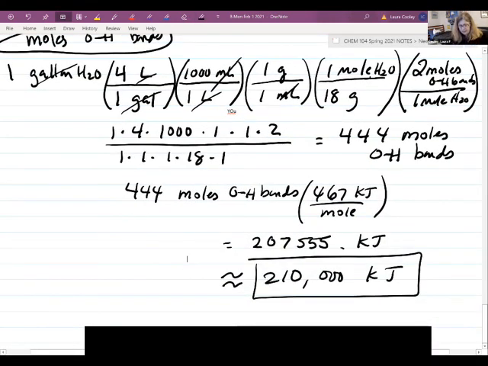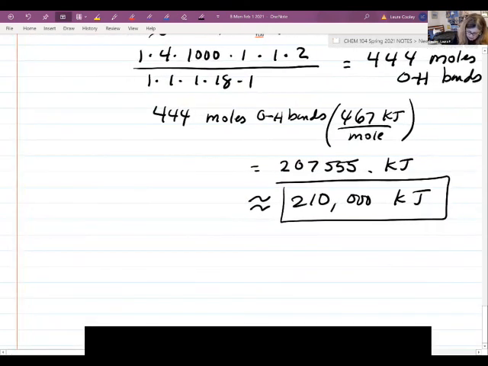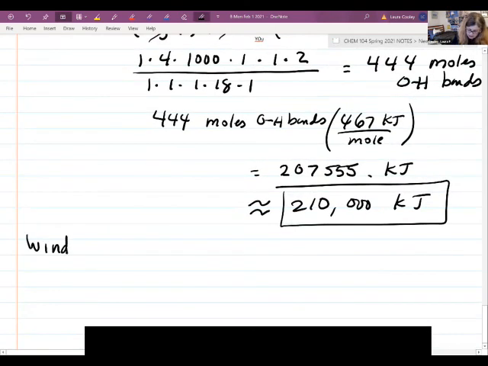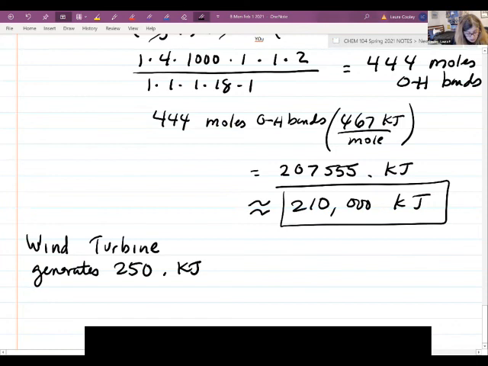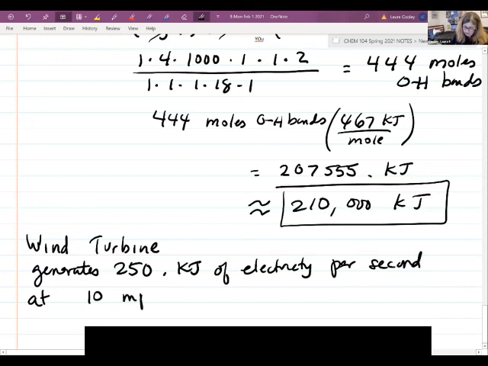So now what am I going to do? I have to go back and look at some additional information. The additional information that we need is that this wind turbine generates 250 kilojoules of electricity per second at wind speeds of 10 miles per hour.